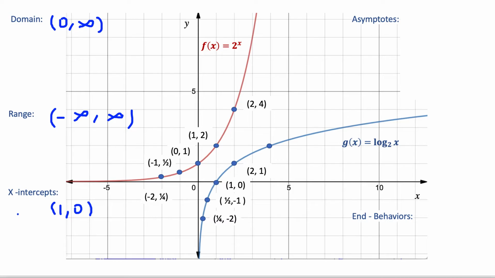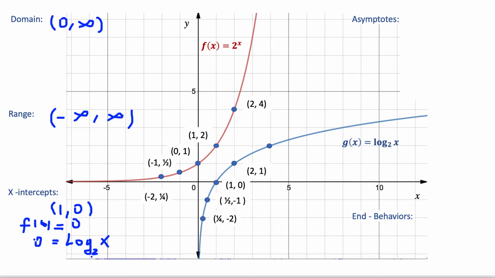And if we want to be more sure and apply analytically the x-intercept rules, we know f of x has to be 0. And 0 is equal to log base 2 of x.